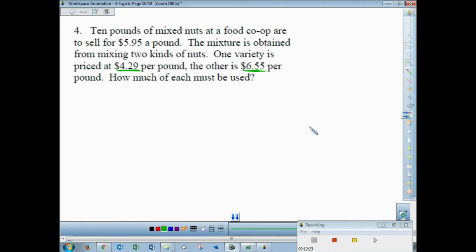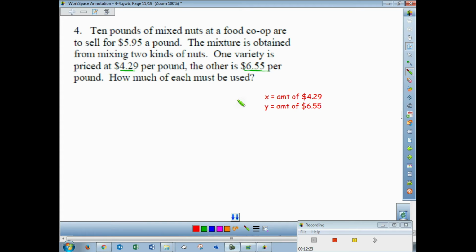Let's define our variables. So X is the amount of the $4.29 brand or variety, and Y is the amount of the $6.55, because these are the guys that are getting mixed together. Simple enough. Writing our two equations. The first one is real tricky because they give you a little visual optical illusion.